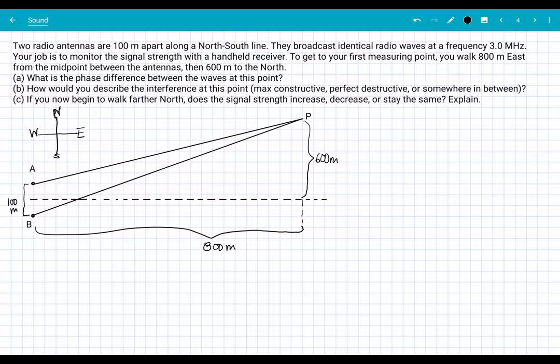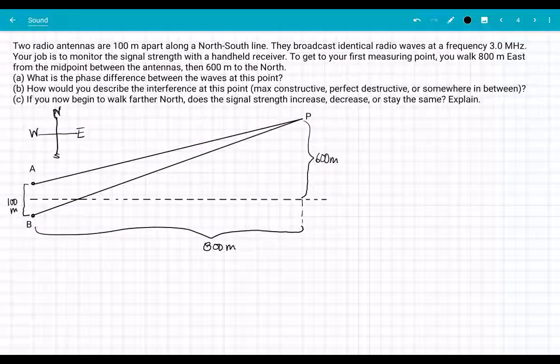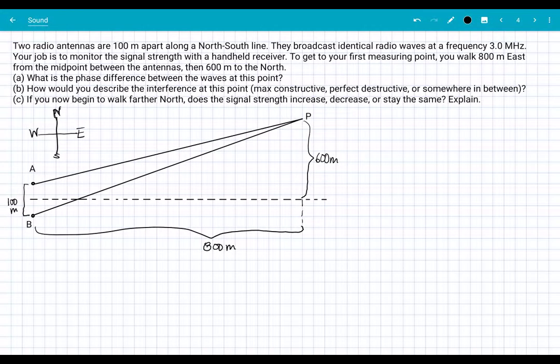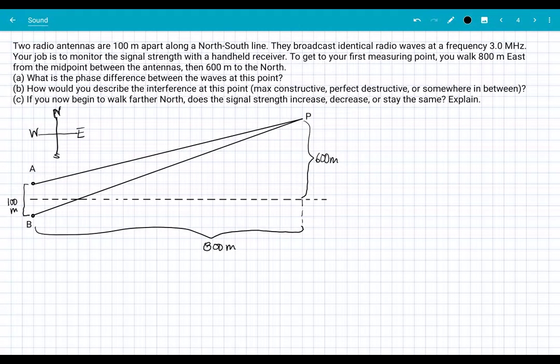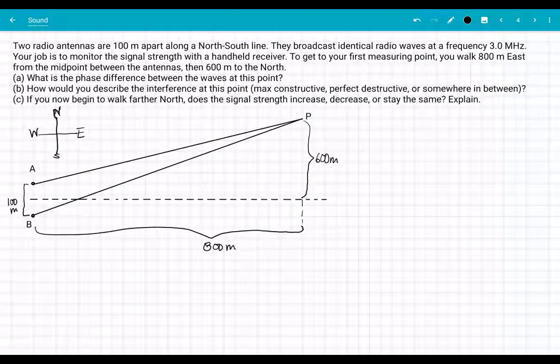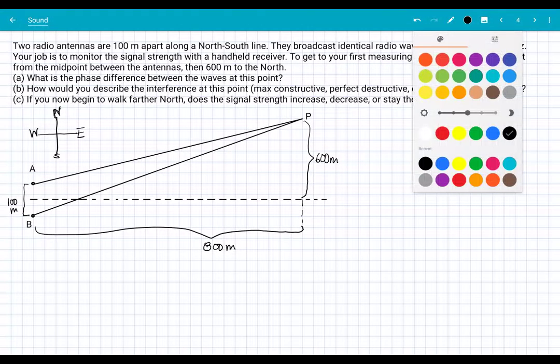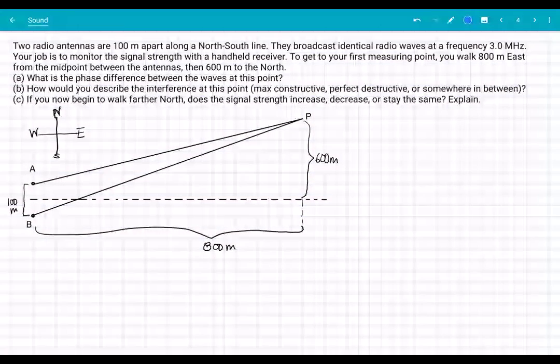So the first part of the question here is what is the phase difference at this point, what we're calling point P. In order to find the phase difference, let me write out our equation to remind us what's useful.